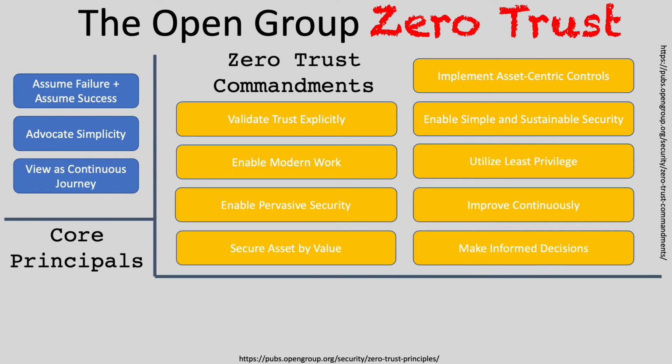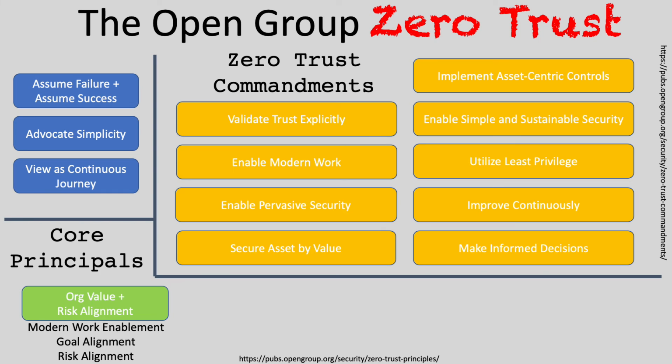Let's look at these core principles and the themes. The first theme is organizational value and risk alignment. In this section, we're looking at modern work enablement, goal alignment, and risk alignment around that core principle. The next theme for our core principles is technology.